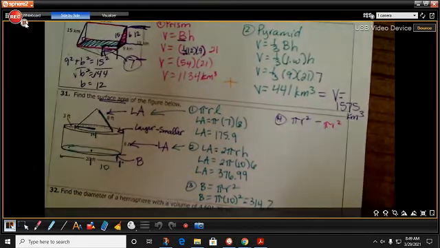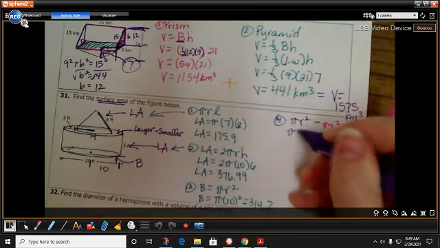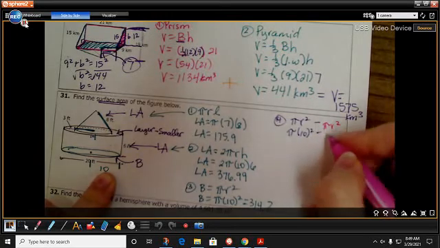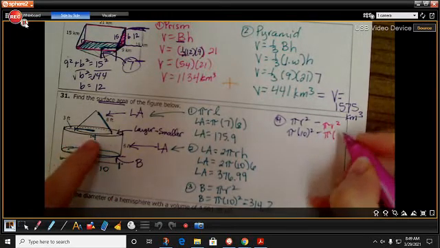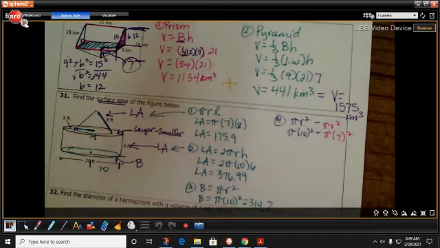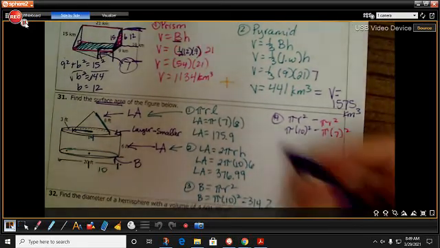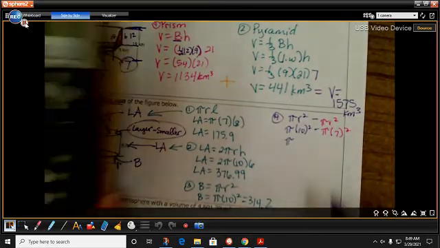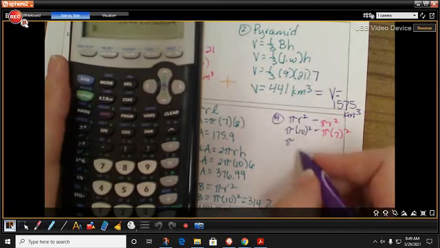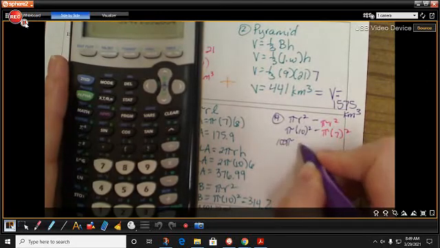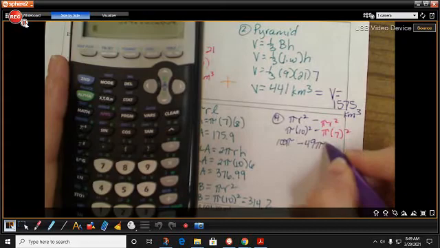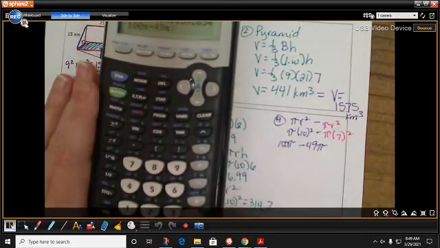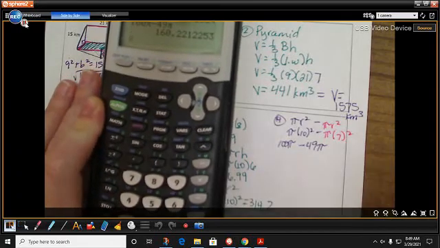So for this guy, I'm going to have pi times my large radius, 10 squared, minus pi times my smaller radius, 7 squared. And so my total area for my top here will be 100 pi minus 49 pi, which comes out to be about 160.2.